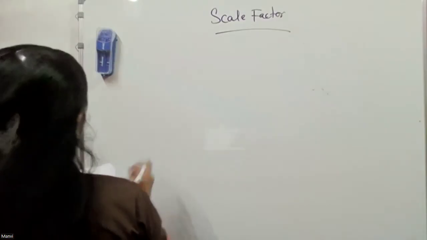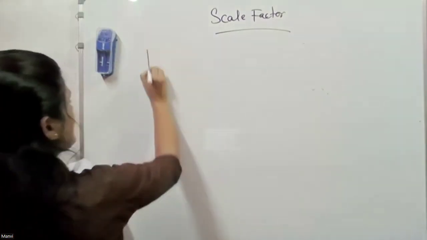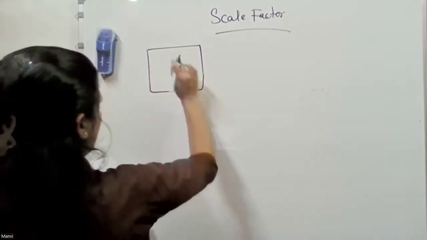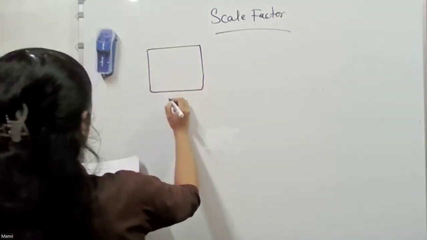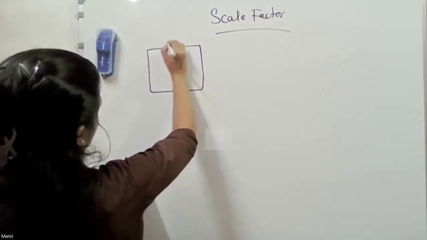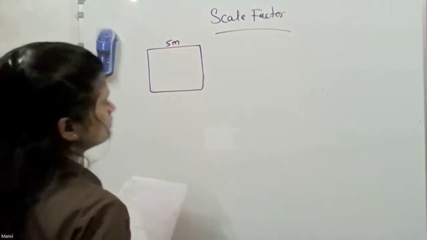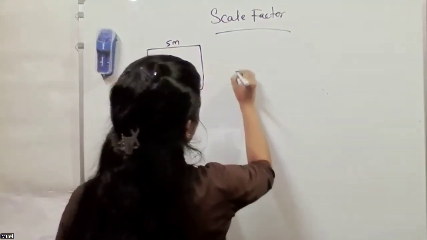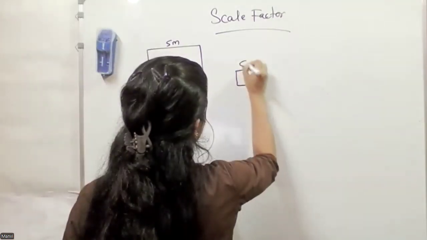For example, this is the actual drawing of a box. The actual length of the box is 5 meters. We can denote this length with 5 centimeters as well.